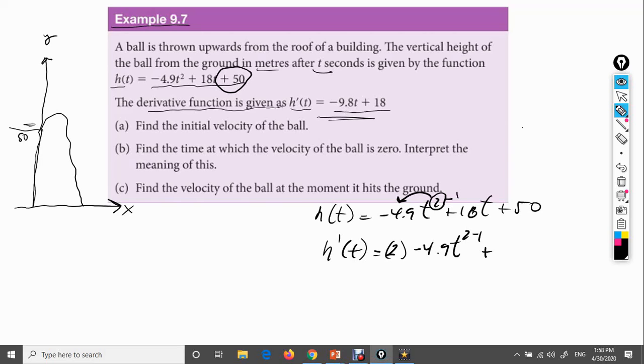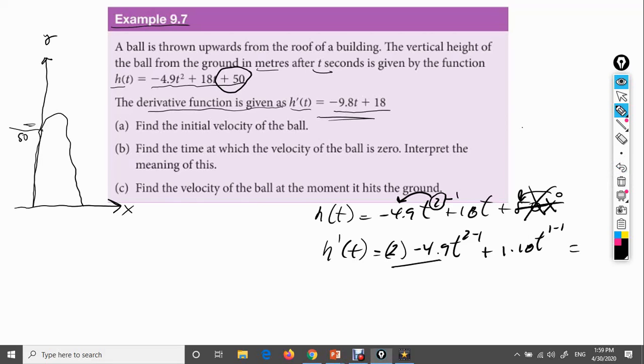For 18t we do the same thing, so that would be 1 times 18 and t to the power of 1 minus 1. For 50, because it's a constant, you could say that it is multiplied by x to the power of 0. So if you multiply by 0, this eliminates. Okay, so any constant will not appear in the derivative.